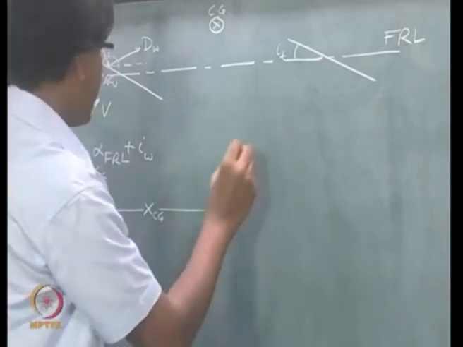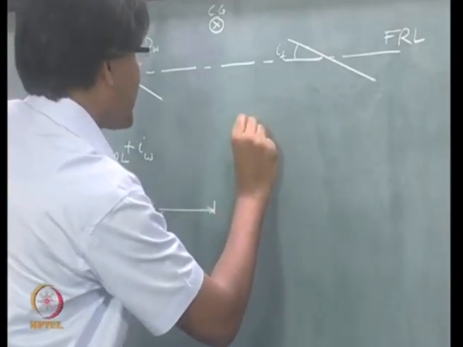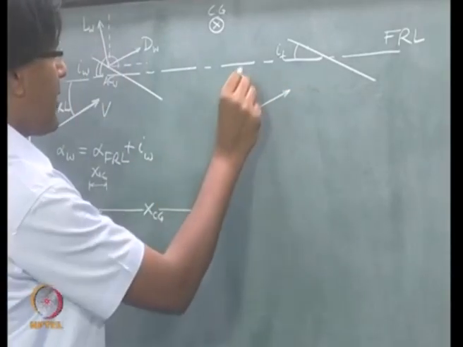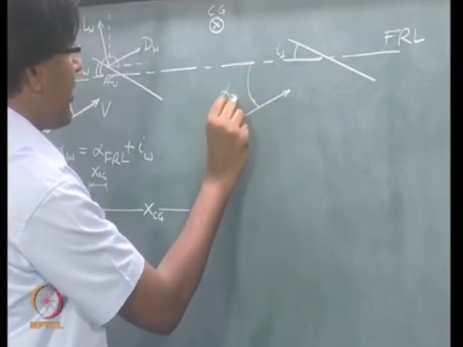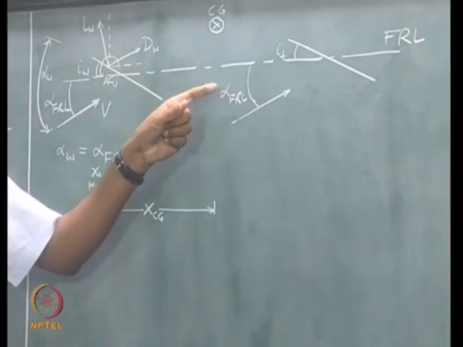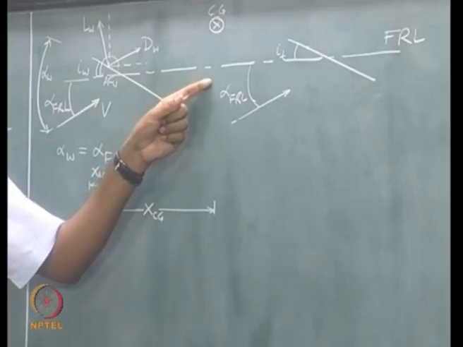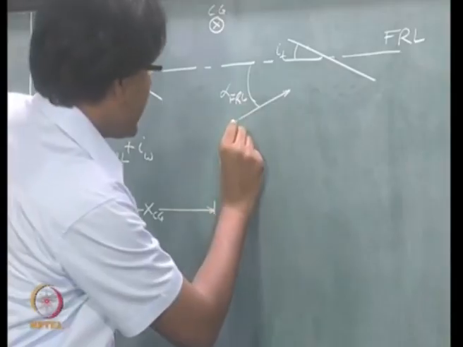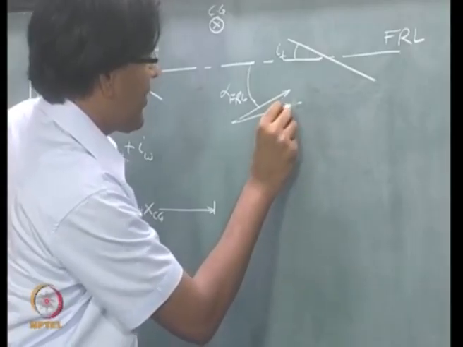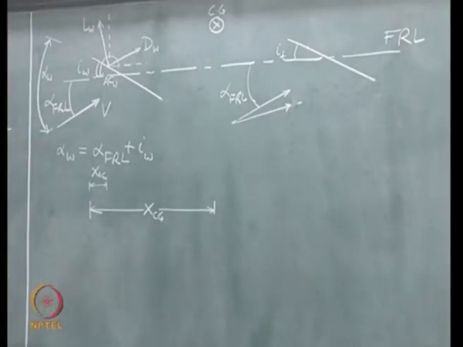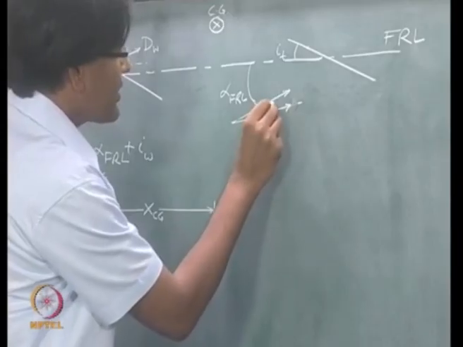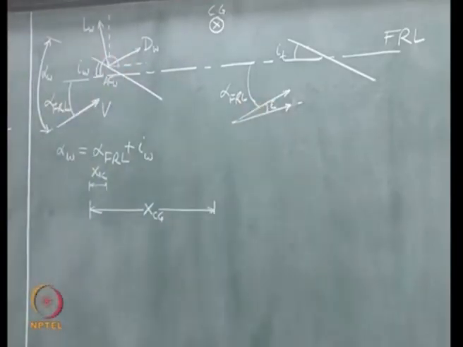So, if I draw a parallel to that velocity, it is something like this, and let us say this is alpha FRL at the wing, and here we are going to see a change in velocity which is smaller than this velocity vector, and this angle is the angle of downwash.